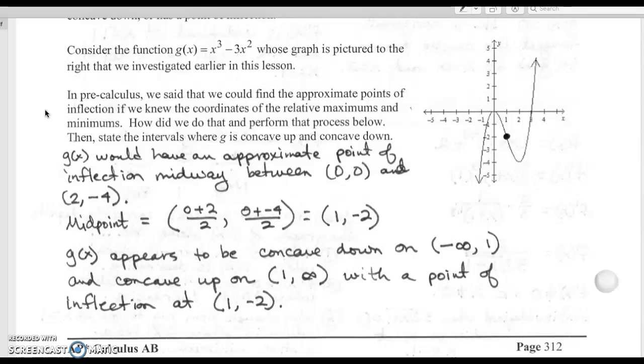So you can see the work that he did here with the midpoint of those two values, and we talked about concavity, a downwards U: it's concave down from negative infinity until about 1, and then it's concave up from about x equals 1 to infinity. Well, now we're going to find the exact point of inflection.